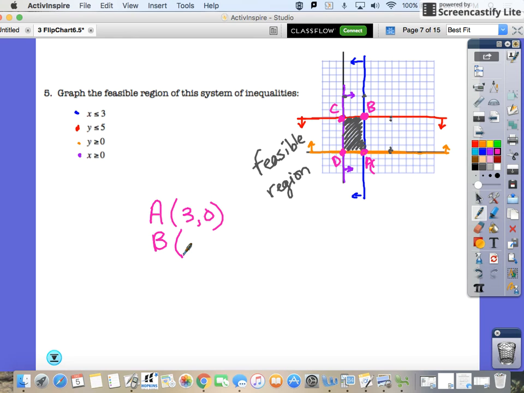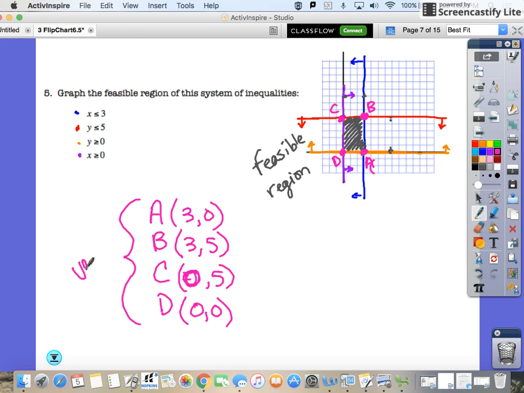B is (3, 1, 2, 3, 4, 5). C is (0, 5). And D is (0, 0). So these are our vertices, just so you know what's what.